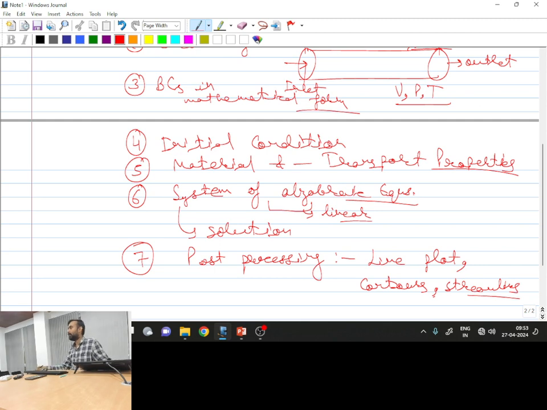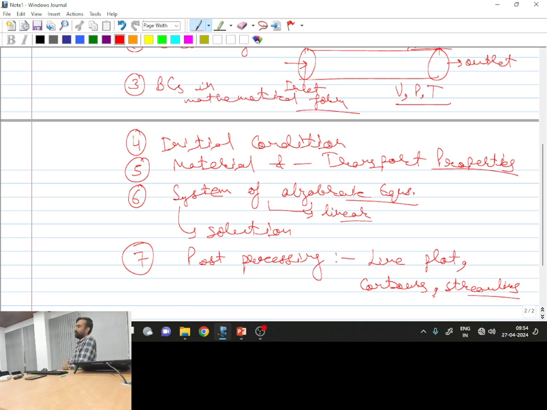You don't have a restriction like in an experimental method, where you can only measure the quantity for which the instrument is mounted. In simulations, once you have solved the complete equations, each and every variable is known. You also need not change the location.